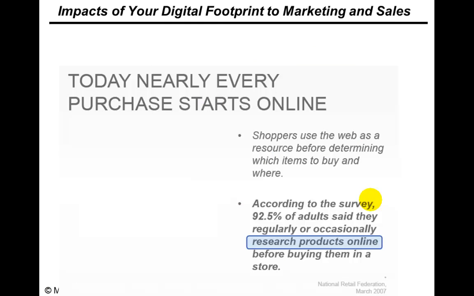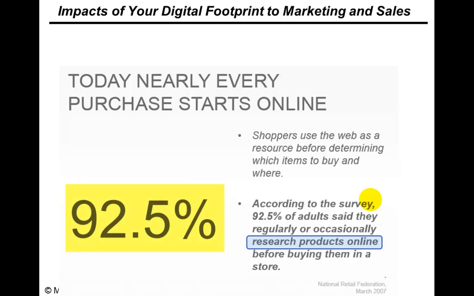In one research, they found that almost every purchase starts online, but does not end online. People start online to do product research, and eventually they may end up buying it in the physical store. 92.5% of people will start their purchasing by doing research online before they buy anything, either online or offline.